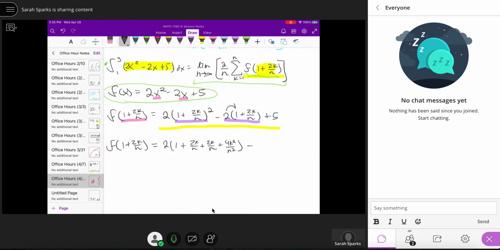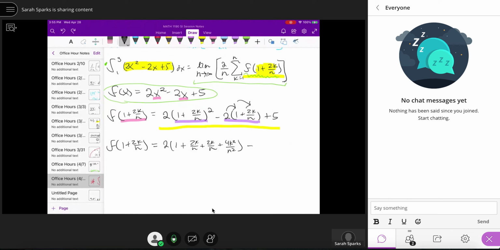This is actually the part where I lost points when I took this exam. I've only distributed the 2 to, I think, this term, and I didn't distribute it to the other term. So just be careful about that, because that's kind of why we're so hard on parentheses, because it's really easy to not do stuff like that even with parentheses.